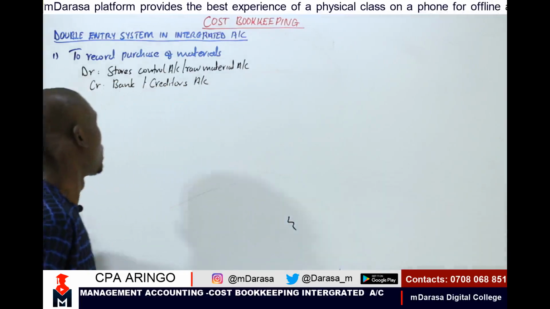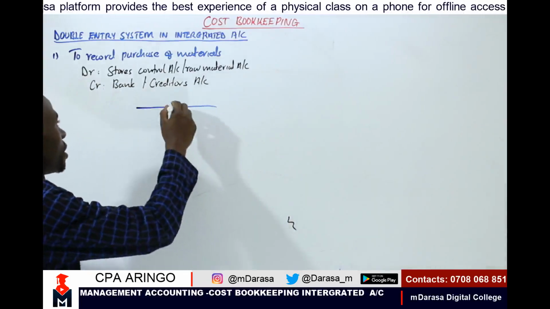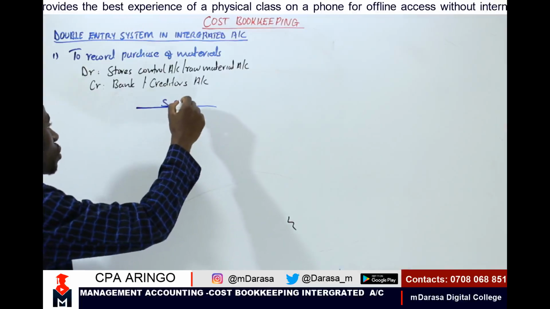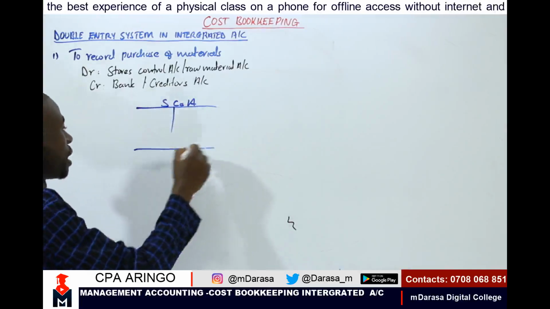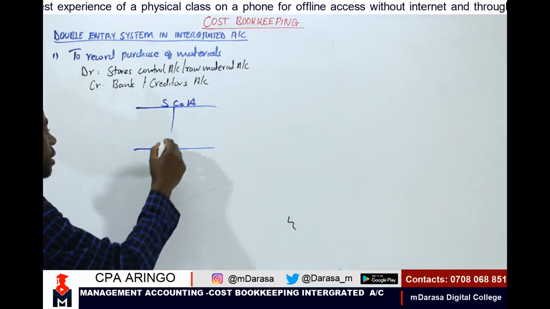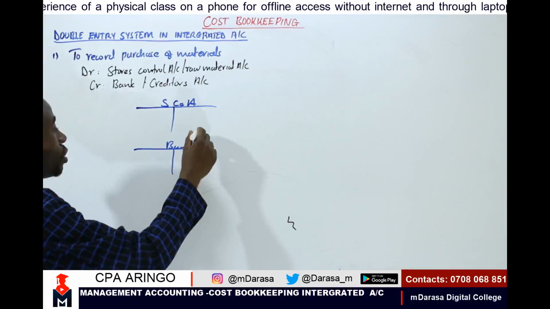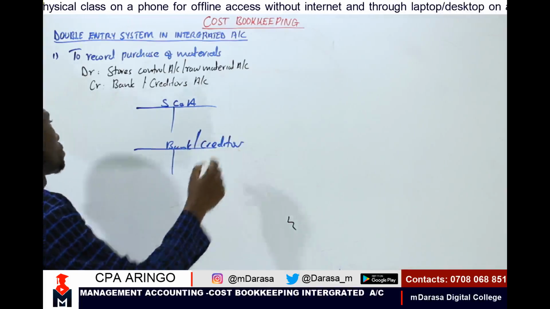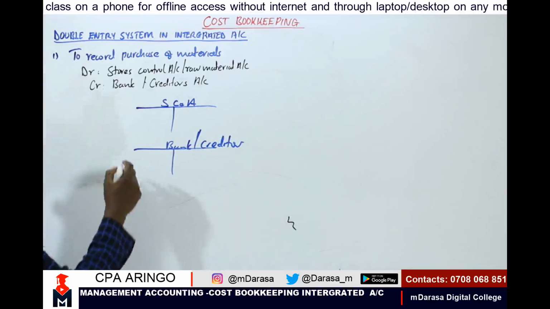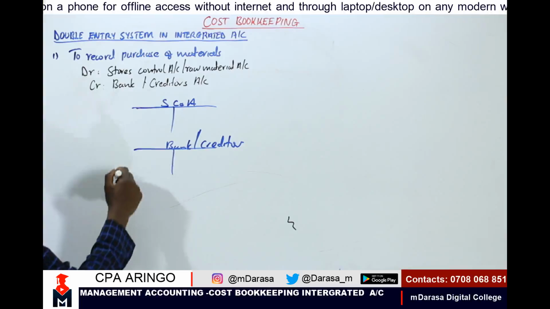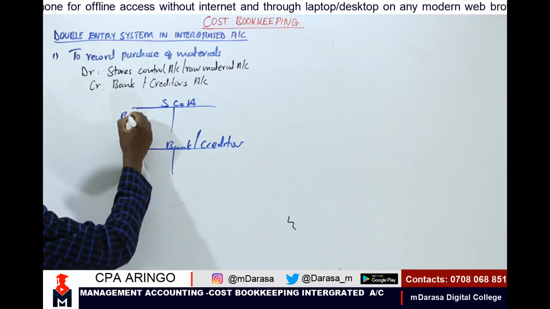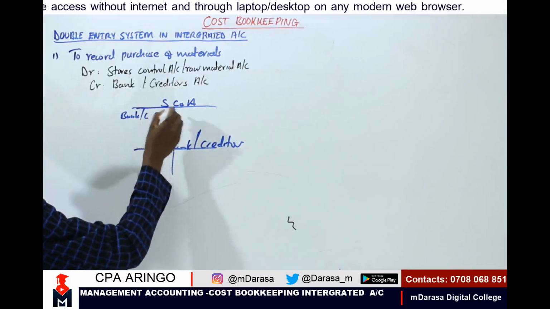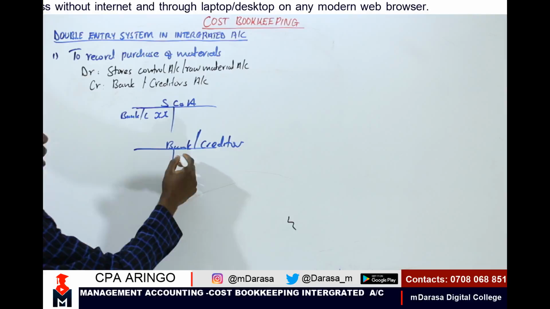So, assuming this is our stores ledger control account, and this is our bank or creditors. Looking at that concept, in that event I'm going to debit our stores ledger control, meaning that I've either purchased or I've taken on credit. So I'm going to debit our account there, and in our bank, I'm going to credit.